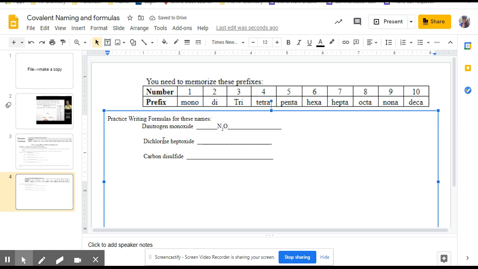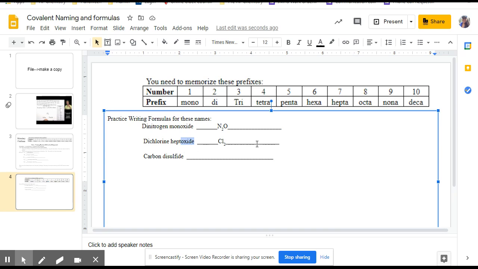For dichlorine heptoxide, so di meaning 2, we're going to say Cl. I'm just going to put the big 2. We'll make it a subscript. And then heptoxide, so we're going to find hepta right there, so 7. So we see that it's hooked up with oxygen, that's what the oxide is.